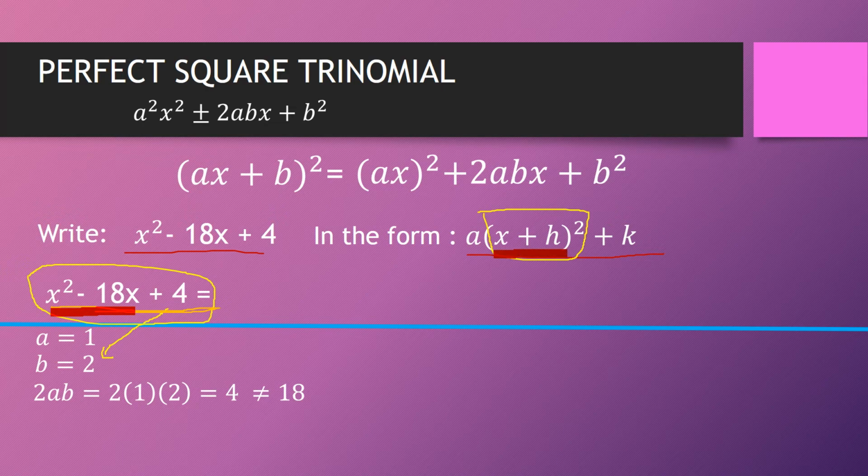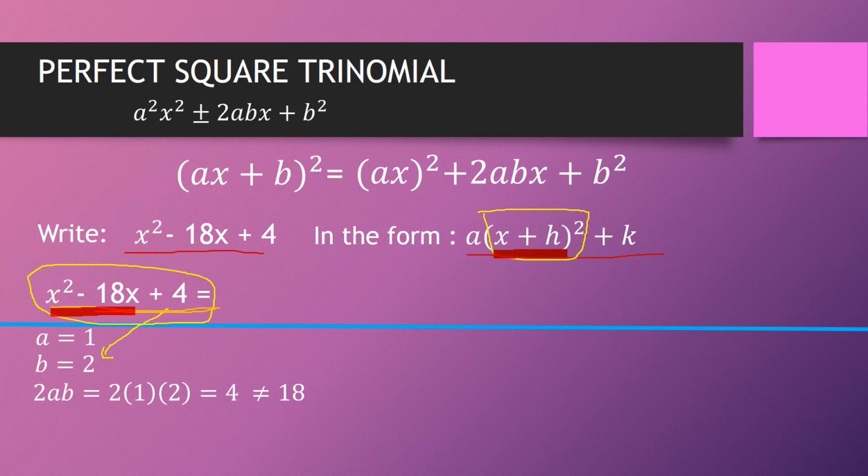To do this, I need to find the value of b, because a is 1. I need to add some number to this expression such that the new expression is a completed square.